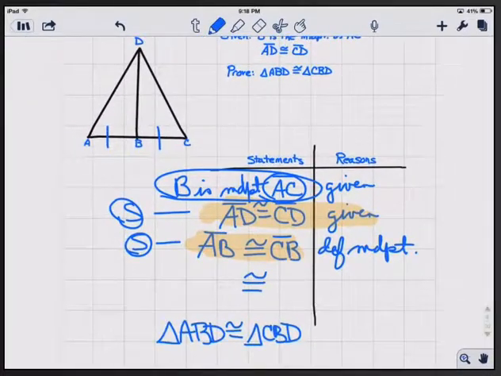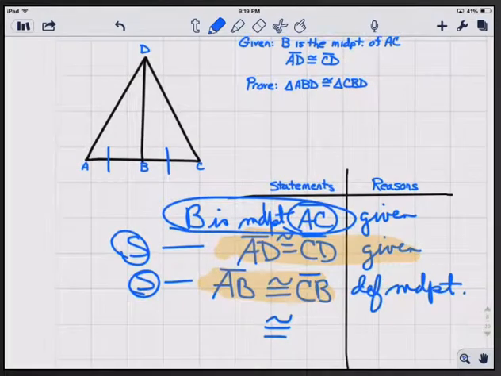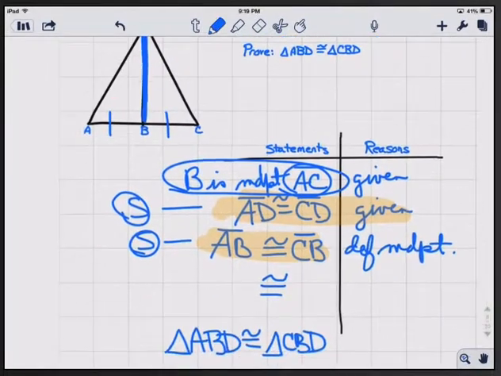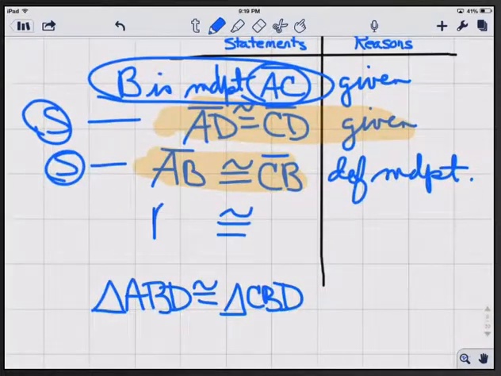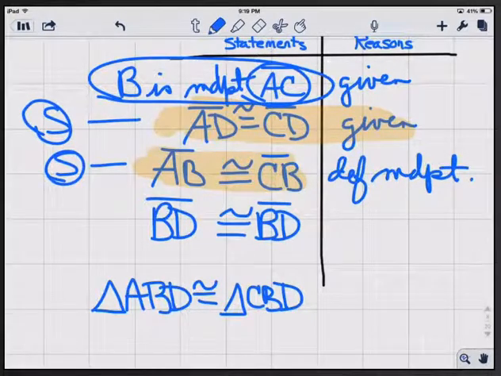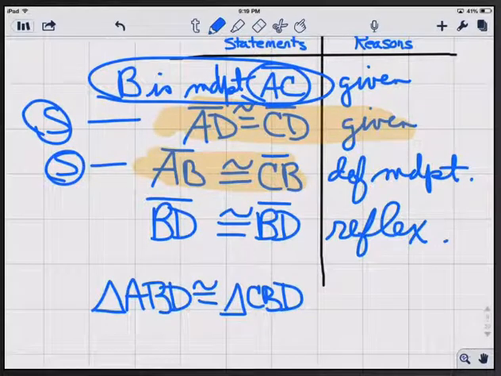So I look at the diagram and I say I have to come up with one more statement of congruency, and I notice that segment BD is a side for each of the two triangles. So any segment, BD being the one we want right now, has to be congruent to itself, and we always refer to that as being the reflexive property of congruency.